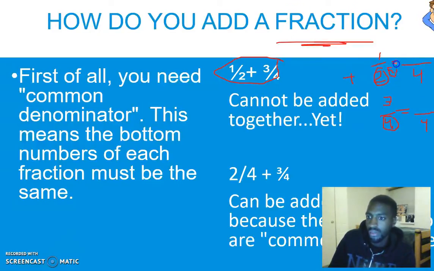It's 2. So 2 times 1 gives you 2, and then 2 times 3 is that. Now you can do it. If they weren't like this, they couldn't be added together, because they aren't the same numbers at the bottom.